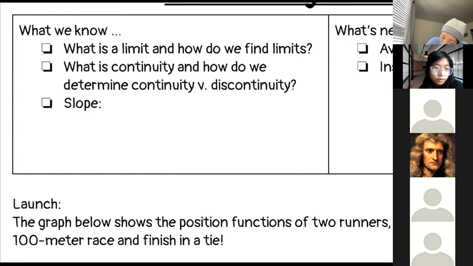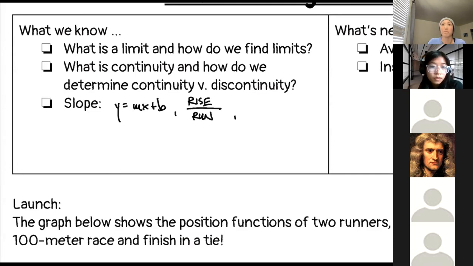Okay, so y equals mx plus b is a representation of slope for sure. Rise over run. Okay. What else? That could also be written as the change in y over the change in x. Change in y over the change in x. Yep. What else do we know about slope?